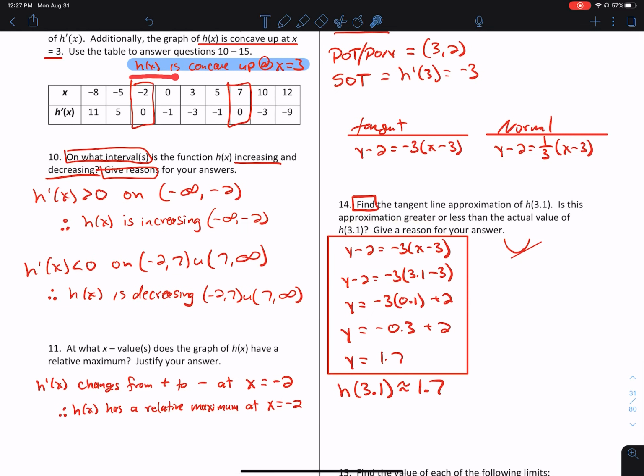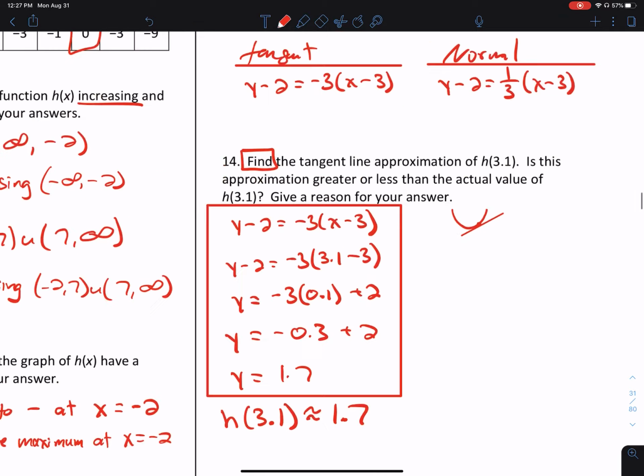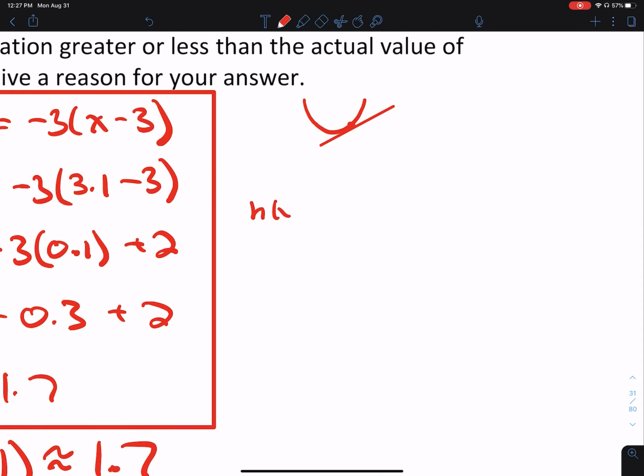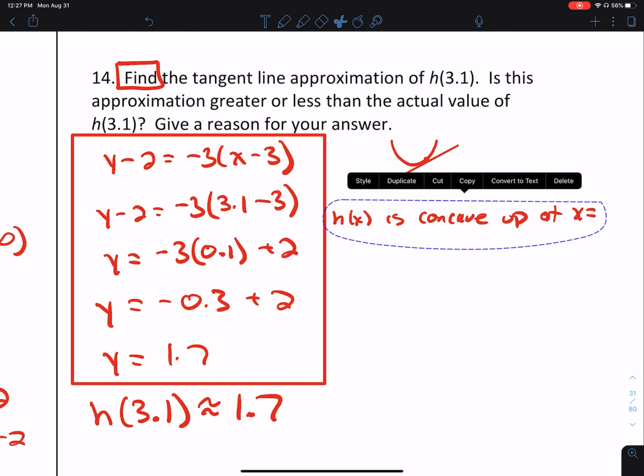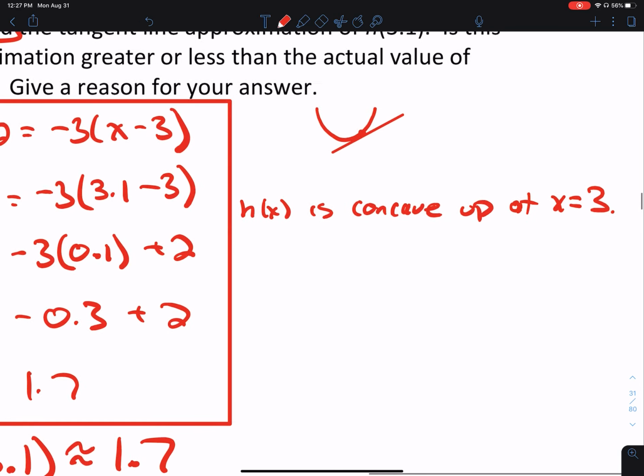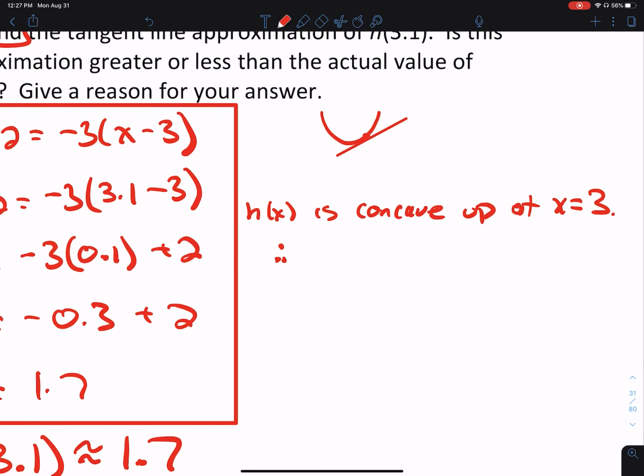So h of x, is my reason, is concave up at x equals 3. Therefore, the tangent line is below h of x.